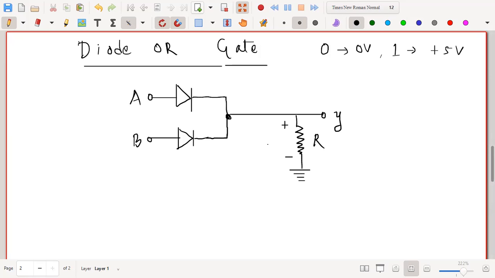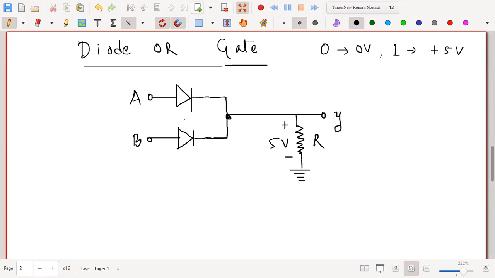Then you will have a drop of plus 5 volt here, neglecting whatever voltage drop is across the diodes, assuming that the two diodes are ideal. Then you can have the same drop across the output. That means the output may be 0 volt, or the output may be plus 5 volt. 0 volt corresponds to binary 0, and plus 5 volt corresponds to 1.